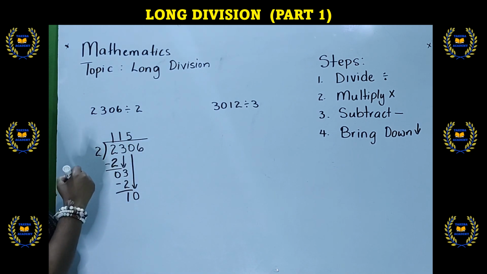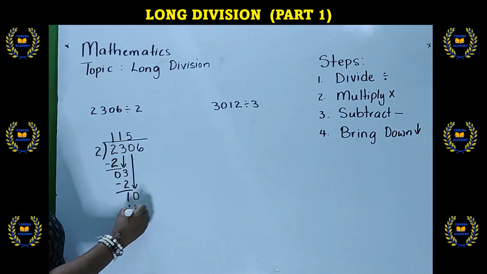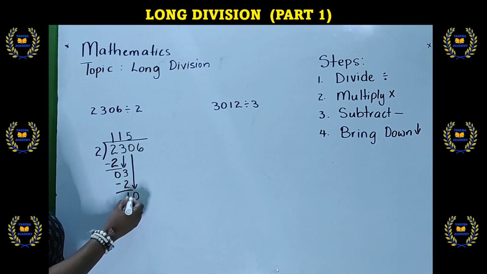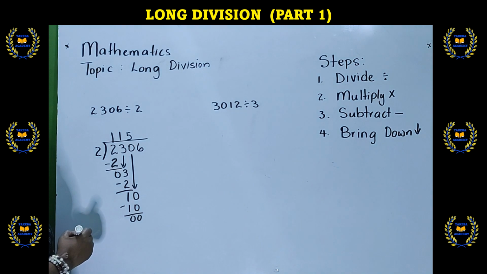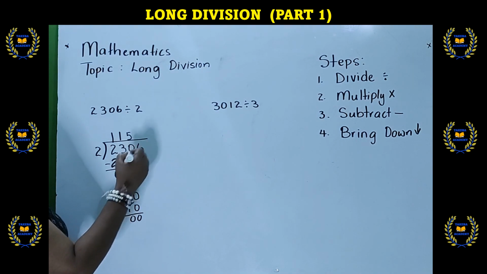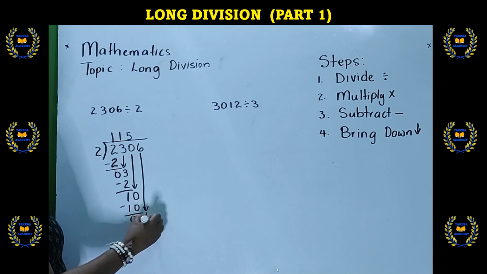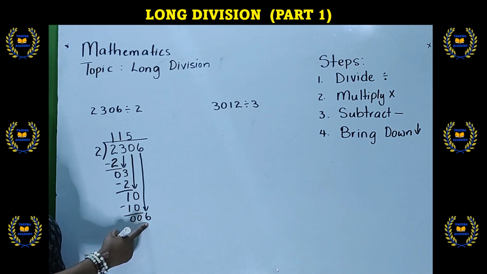Step 2 says multiply. So now we're going to multiply 2 times 5. The answer is 10. Then we subtract. So that's step 3. 10 take away 10. That's 0. Okay? Then we bring down, which is our 4th step, and we bring the number 6. Again, please pay careful attention to where the number goes.